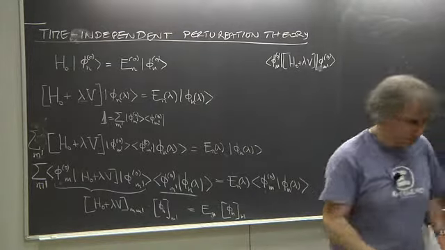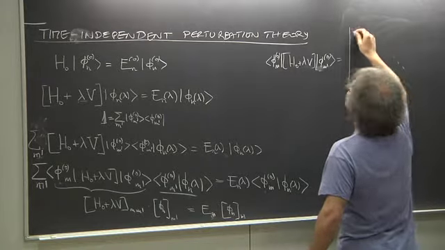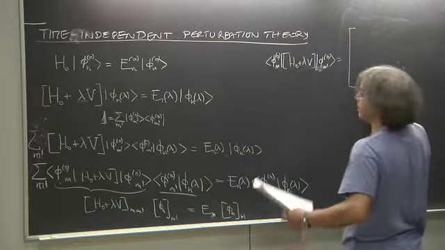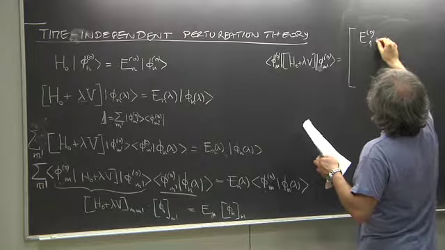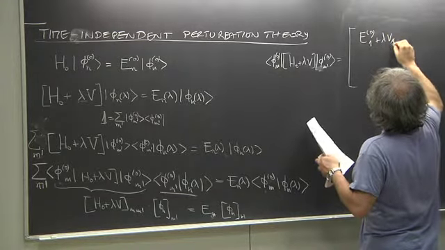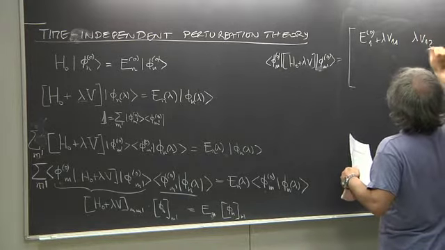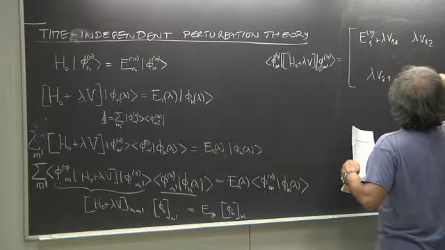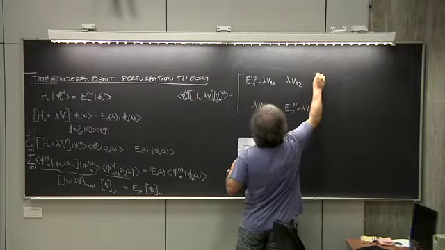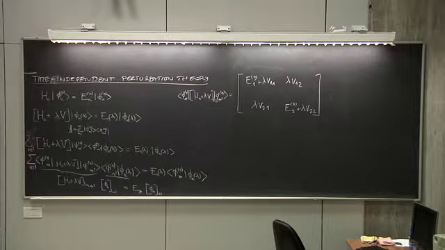So the matrix that I was talking about before now is something like E01 plus lambda V11, then lambda V12, lambda V21, E02 plus lambda V22. So this will be our warm-up exercise. Rather than diagonalizing the infinite huge matrix, we do it 2 by 2.